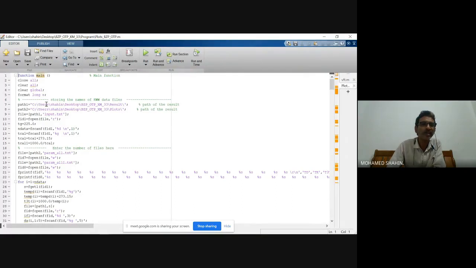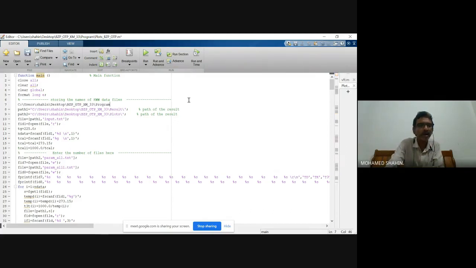So now you can see that I am looking whether the path is properly defined. Desktop, OTT, result. Okay. Path 1 is properly defined here. And path 2, this is the input location and this is the output location.